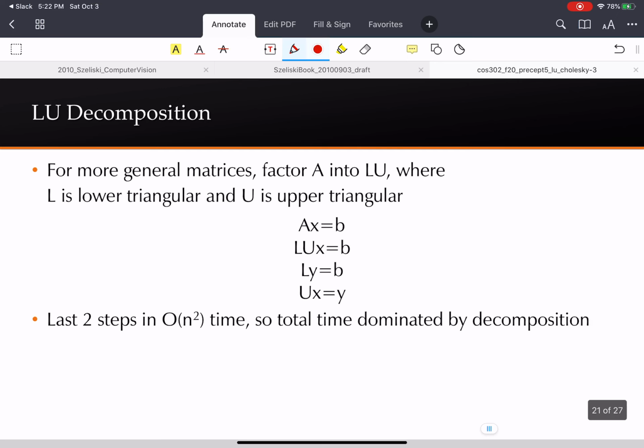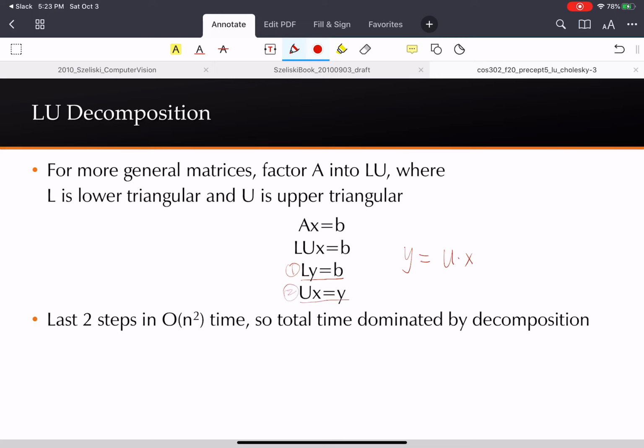So now let's look at the general form of LU decomposition. After factoring A into L times U, we construct an intermediate variable y as U times x. And now we first solve this linear system and then use the solution of y to solve the second linear equation.